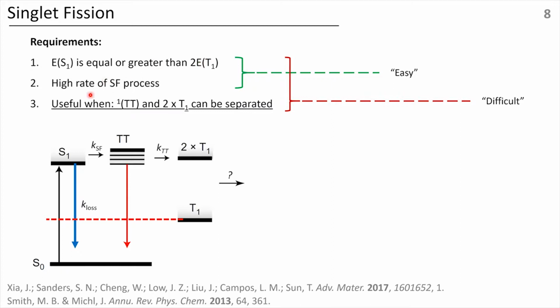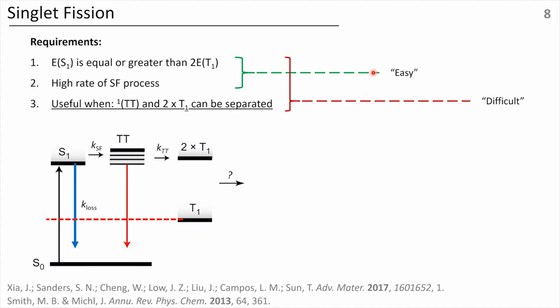My talk goes on to talk about why having the singlet fission process is difficult. I don't verbally say that, of course, but I want to make it easy for my audience to know what I mean by easy and difficult in the context of my talk. So I very simply say that, out of these requirements for singlet fission to happen, satisfying the first two is an easy, in quotation marks, task.